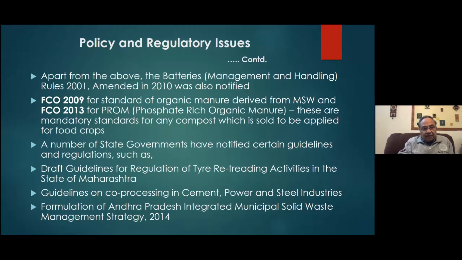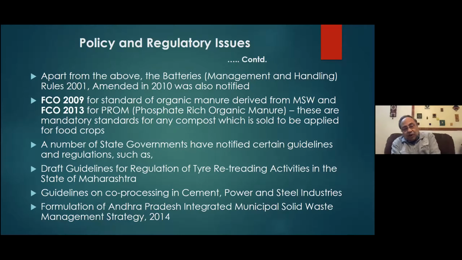Now, apart from the above rules, another one called the Batteries Management and Handling Rules, amended in 2010, was also notified. And one very important thing, we have been talking in this webinar a lot about composting.